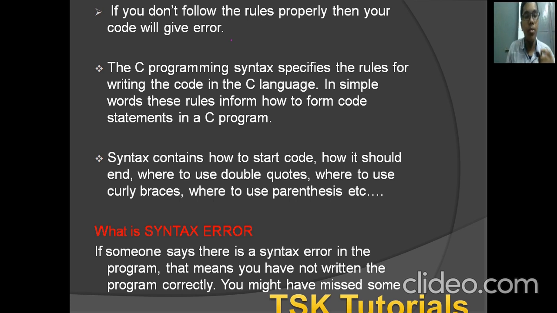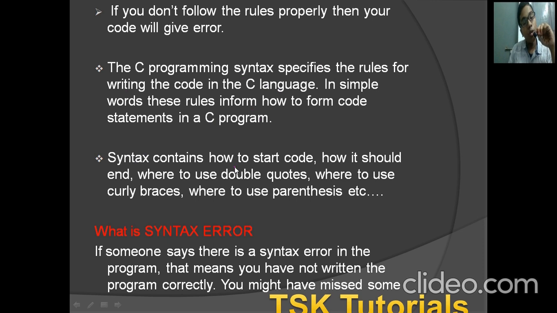Now let's go to the next point. The C programming syntax specifies the rules for writing the code in the C language. As we have discussed, syntax is an orderly arranged set of instructions. They are nothing but the rules. In simple words, these rules inform how to form code in a C program.